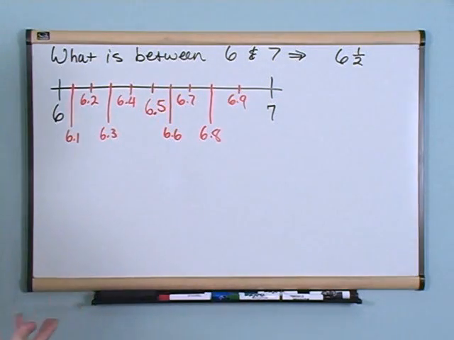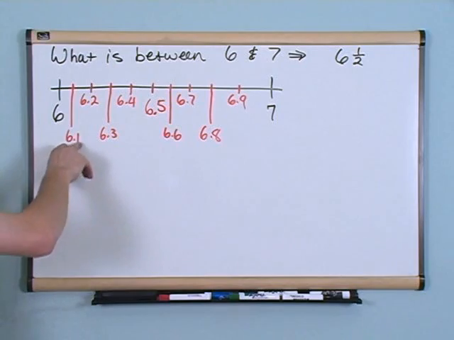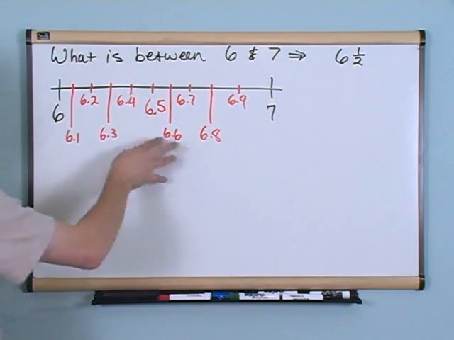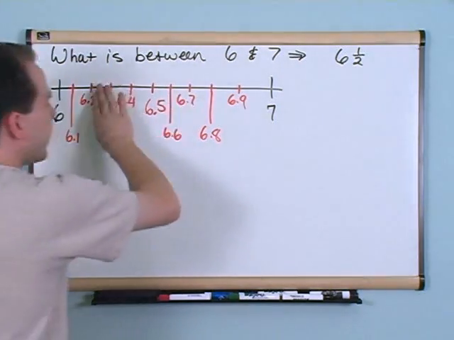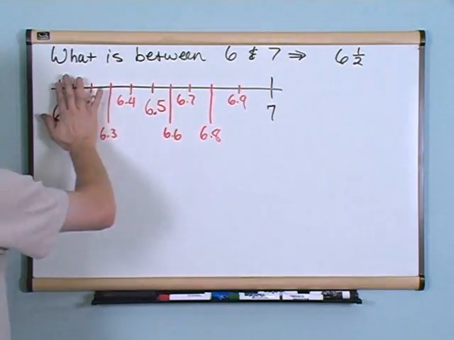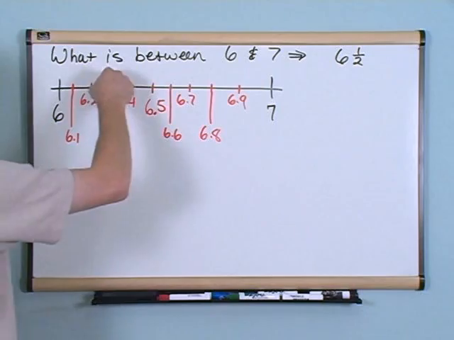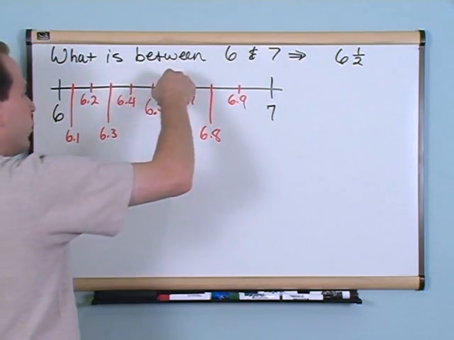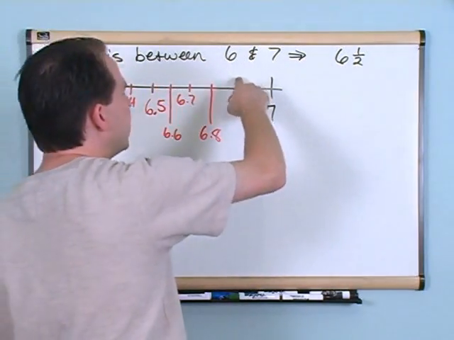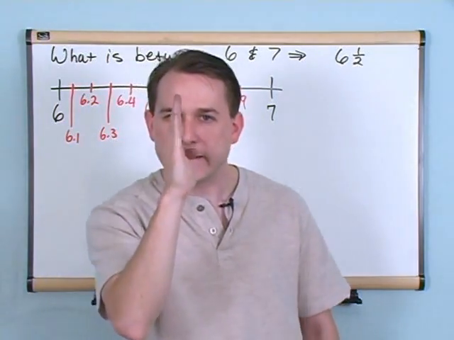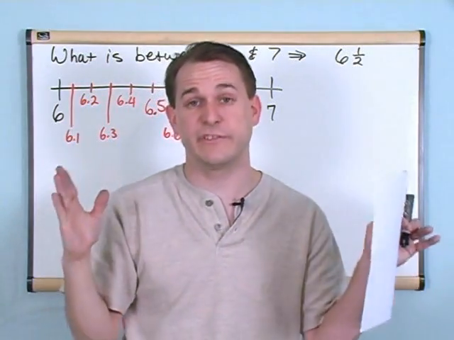Basically all it means is anytime you have a number with this decimal point and then a number after it, it's just trying to tell you some fraction of the number between this number and the next number. So all of these numbers, 6.1, 6.2, 6.3, 6.4, 6.5, 6.6, 6.7, 6.8, 6.9, all of those are little tiny numbers in between the big numbers, which is 6 and 7.